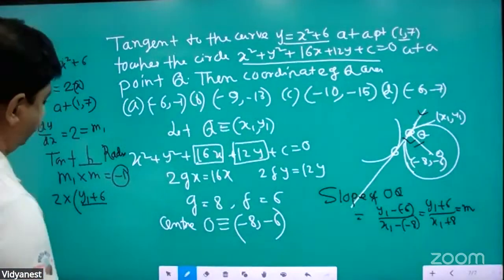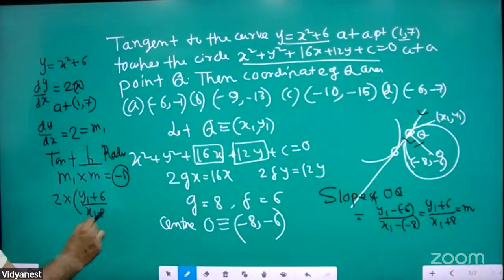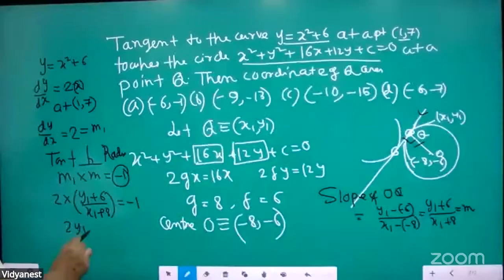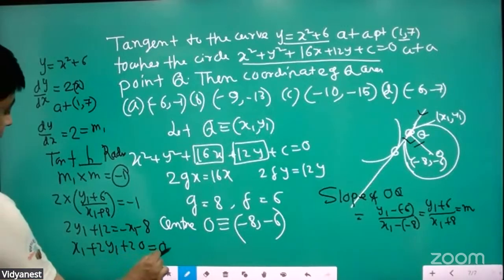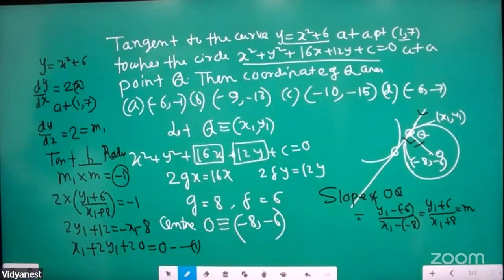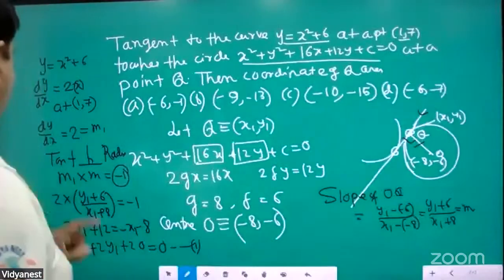That thing: y1 plus 6 by x1 plus 8. So 2y1 plus 12 plus x1 plus 8 is equal to 0. This is one equation we have got.